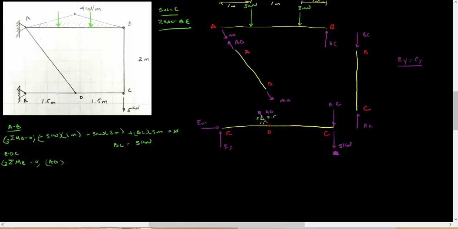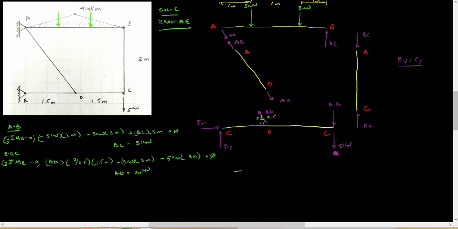So AD times 2 over 2.5 times 1.5 meters minus 3 kilonewtons times 3 meters minus 5 kilonewtons times 3 meters is all equal to 0. So punching this in my calculator, I get AD is equal to 20 kilonewtons.